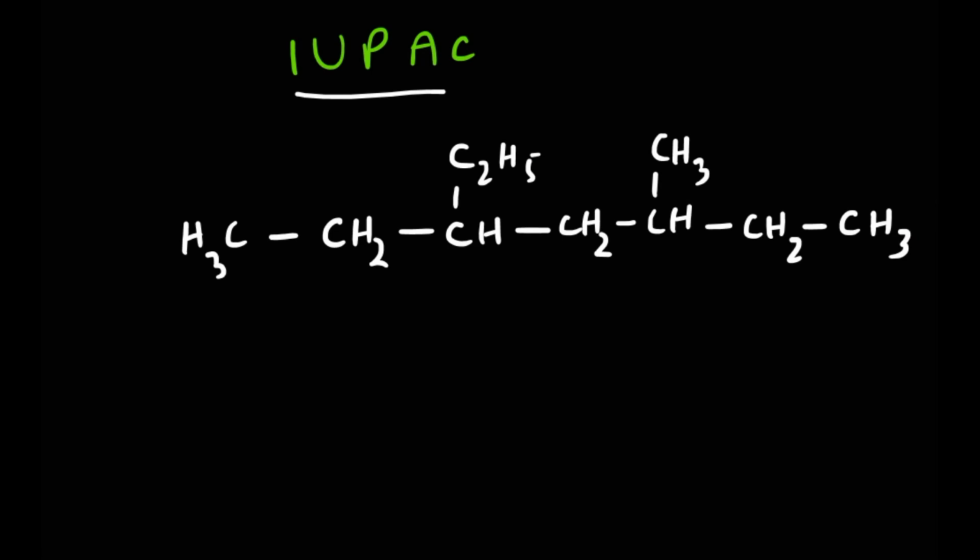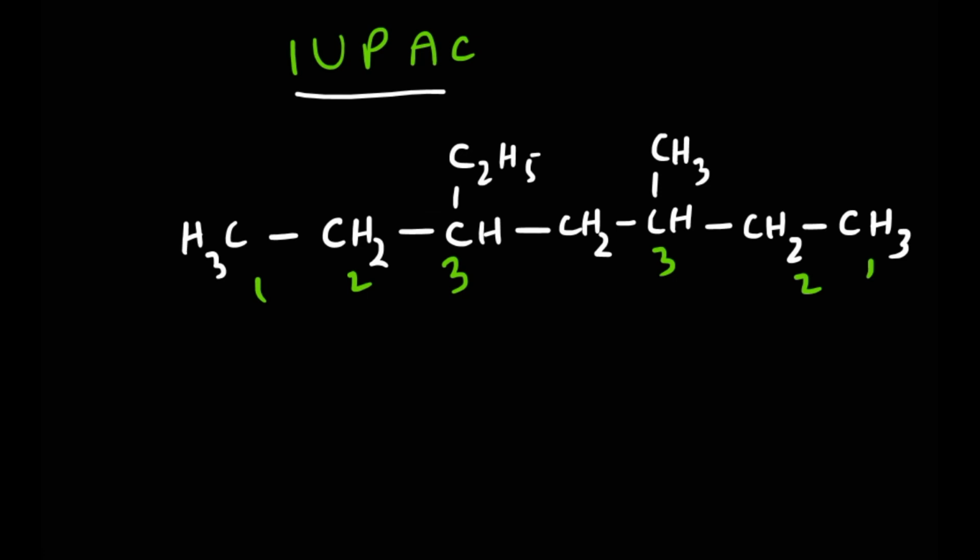Now the next rule. Here the same position, 1 2 3 from the left side, and from here 1 2 3. If in the same position, position 3, from both directions, two branches are present, here methyl and here ethyl, then which direction should we follow? Here we will follow that direction where the alphabetical order is maintained.